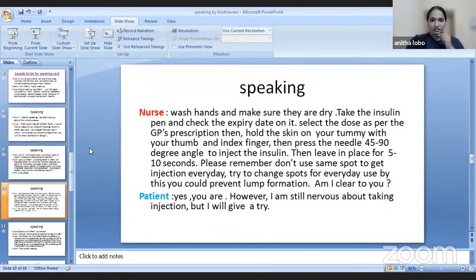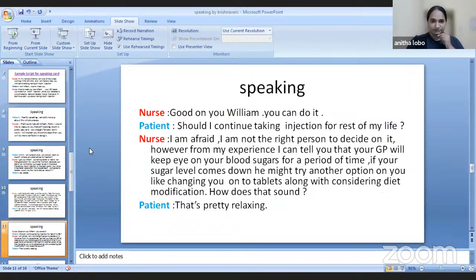Yes, you are. However, I'm still nervous about taking the injection, but I will give it a try. Good on you, William. You can do it. Should I continue taking injections for the rest of my life? I'm afraid I'm not the right person to decide on that.